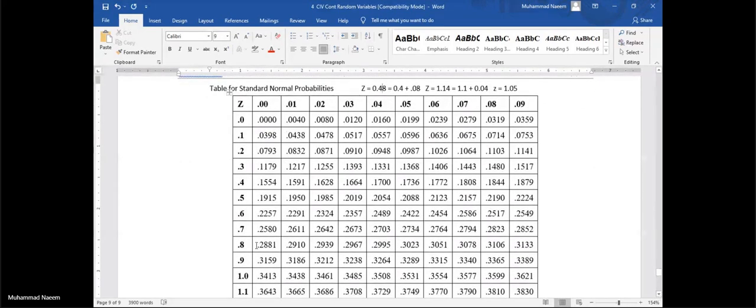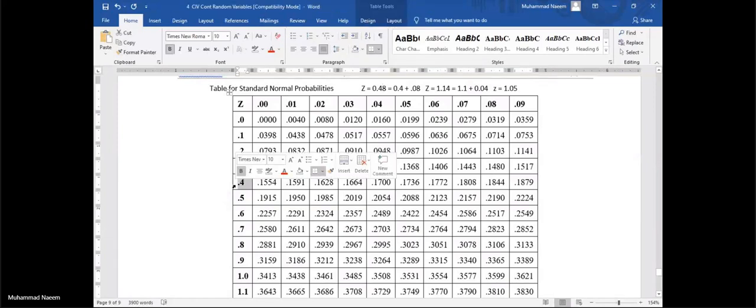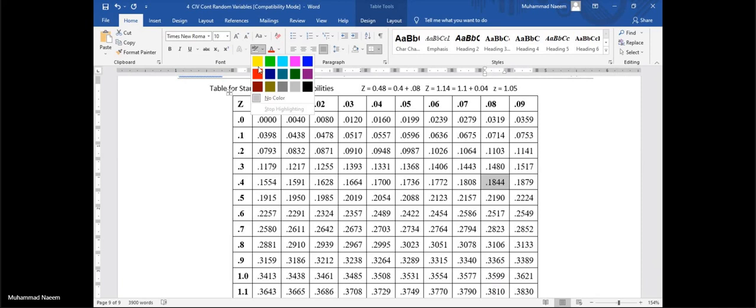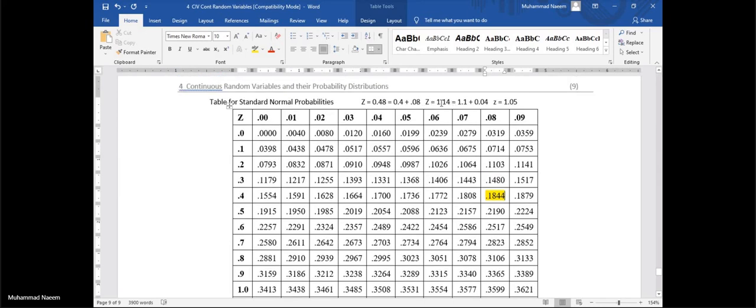Now look at these points. Here we have 0.4 in first column and 0.08 here we have in first row. Join them. We have this corresponding area. This will be the tabulated area for the point z equal to 0.48. The other point is 1.14.